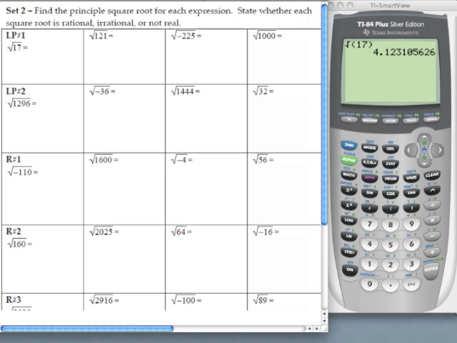So let's go ahead and write that down. Our answer first, which was 4.123105626, and that is an irrational root.